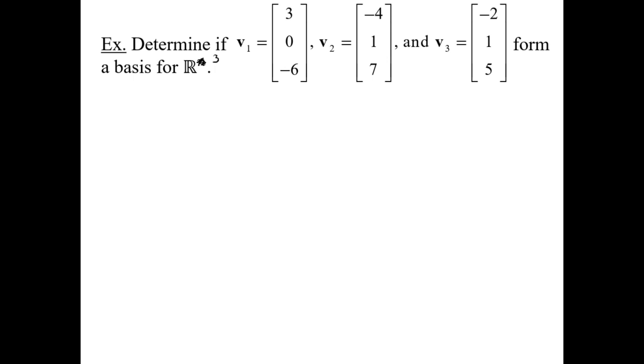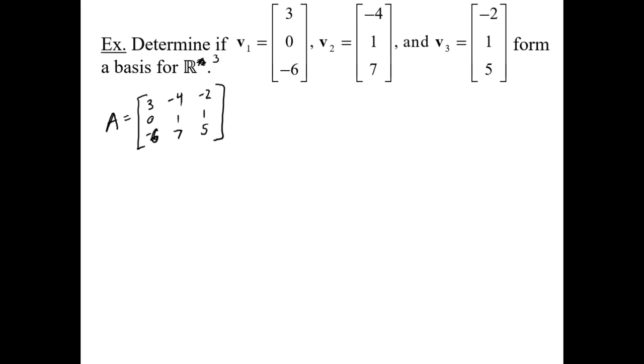There are different ways to do this, right? We basically want to see if these are linearly independent vectors. Let's create matrix A that's made up of these columns: 3, 0, negative 6, negative 4, 1, 7, negative 2, 1, 5.